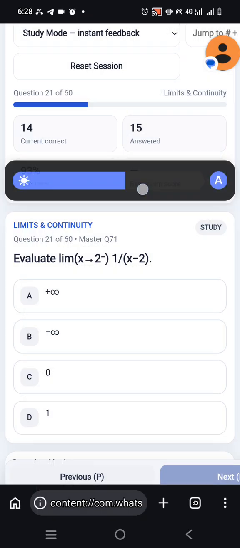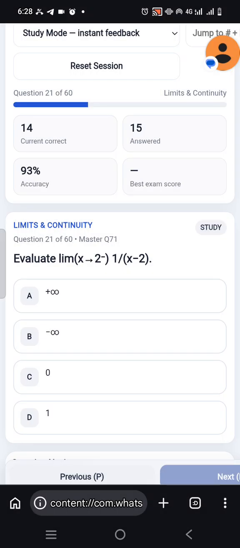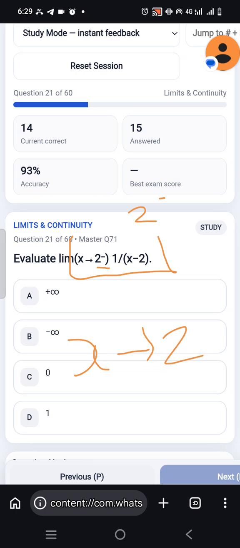Sorry, let me make it brighter. So in this next phase, the meaning of this one is, if you want to test a value, usually, if the limit exists, both 2 plus and 2 minus will give you the same thing. So when they say x approaches 2, the meaning is that x can go in two ways.